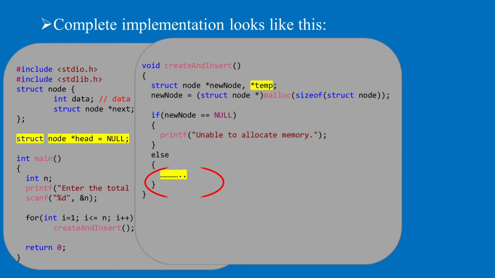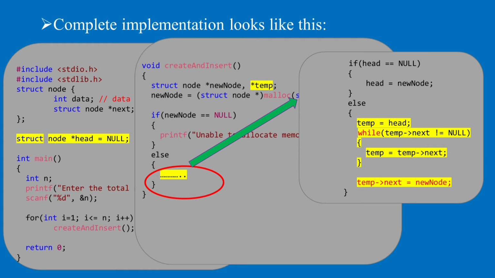In else part, we checked list is empty or not. If list is not empty, took the temp as temporary variable and point to head, that means point to starting node. Traverse the complete list to reach the end node, and once you get the last node, append the new node to the list.